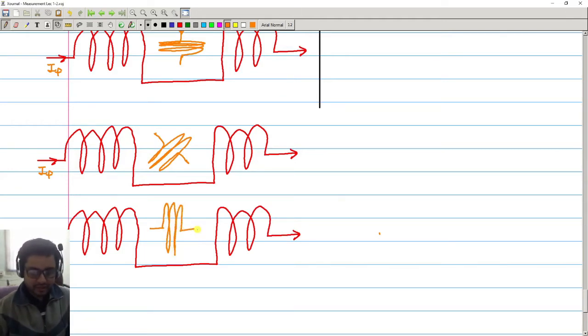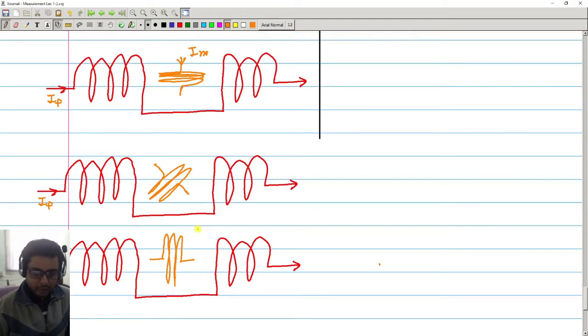Now, among these different possible positions, in which position do you think the mutual inductance will be maximum? And in which position will it be minimum?